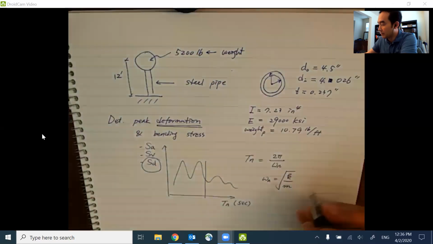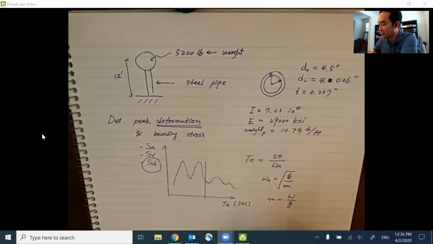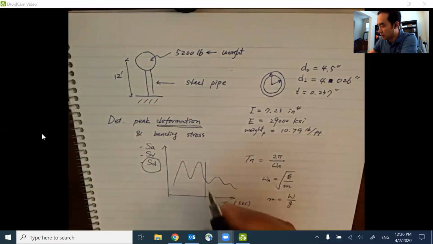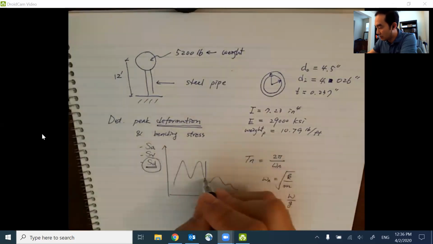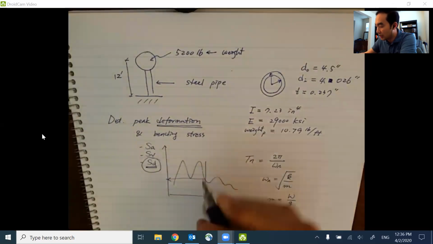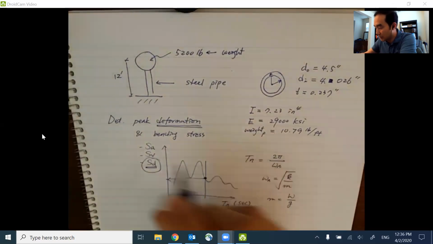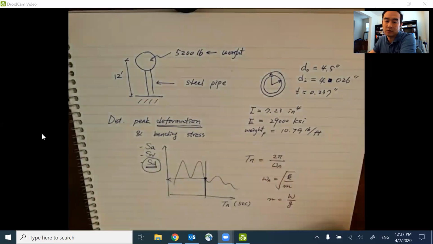And the mass can be calculated as the weight divided by the gravity constant g. So when you have the period of the structural system, go to the response spectrum for deformation. We're going to find the corresponding deformation, which is the peak deformation for the given period. So that's how we're going to solve this problem.